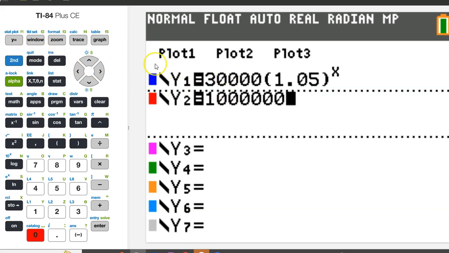We need to adjust the window to make sure we can see what's going on, especially the y max. We need to go all the way up to 1 million on the y max. I don't know how many years this will take, so let's let the x max be something big, let's say 50 years.